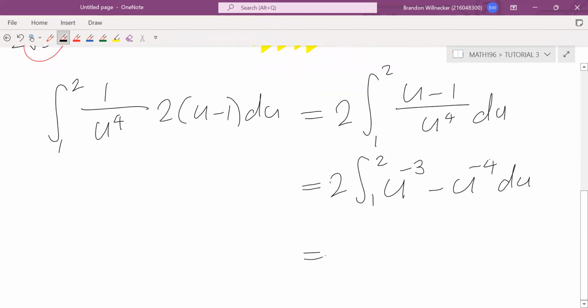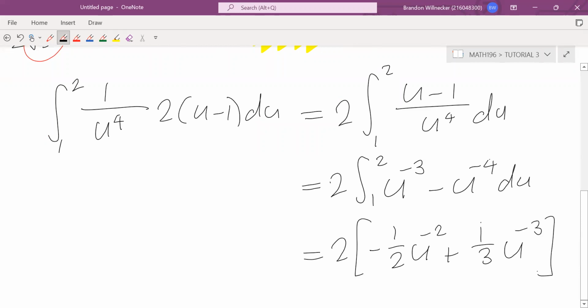Now we just do the power rule. We add 1 to the exponent and then divide. So we're going to have 2 times minus 1/2 u to the minus 2 plus 1/3 u to the minus 3. Remember, this needs to be evaluated from 1 to 2.